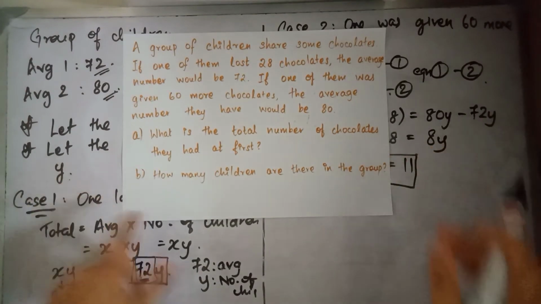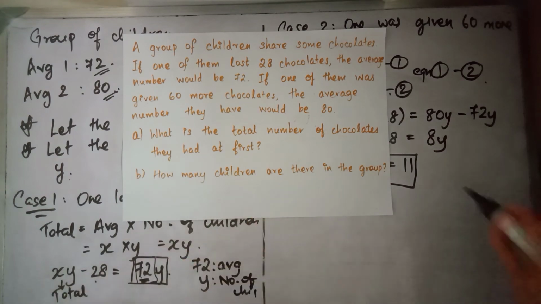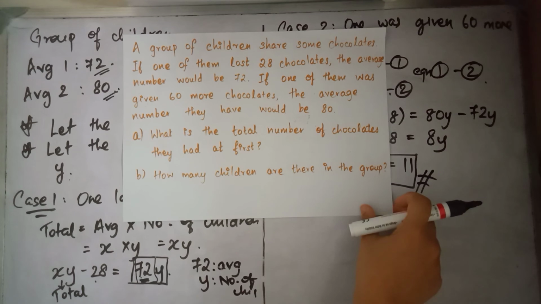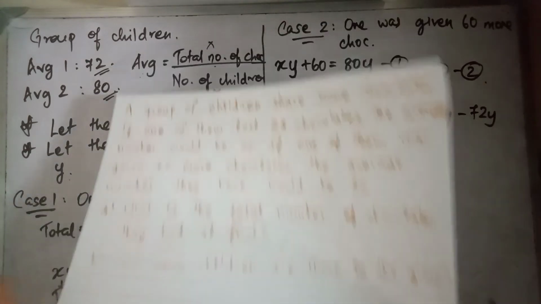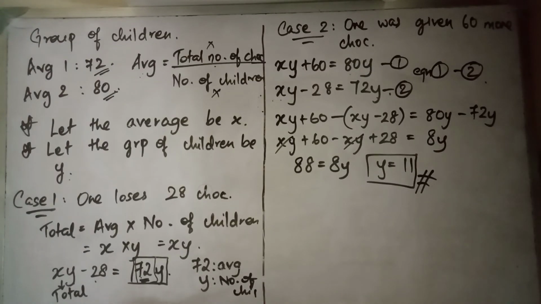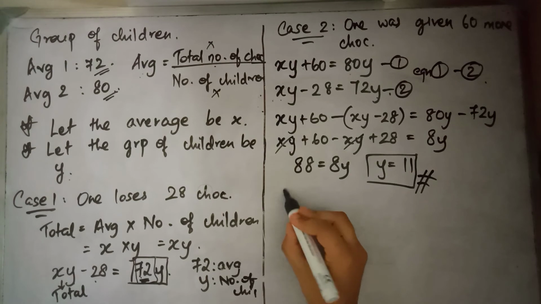We have solved part B. How many children are there in the group? It is 11. Now let's look at part A. What is the total number of chocolates they had at first? Okay. So we can take any one of these averages. Let's take this average, 72.